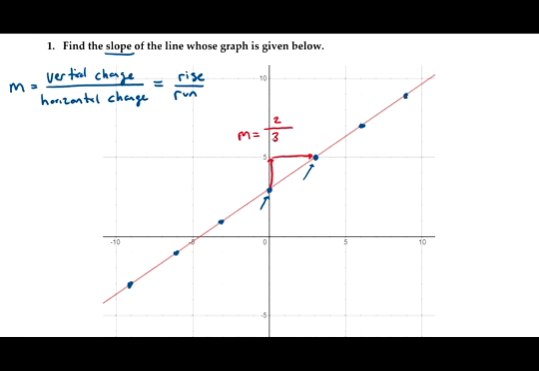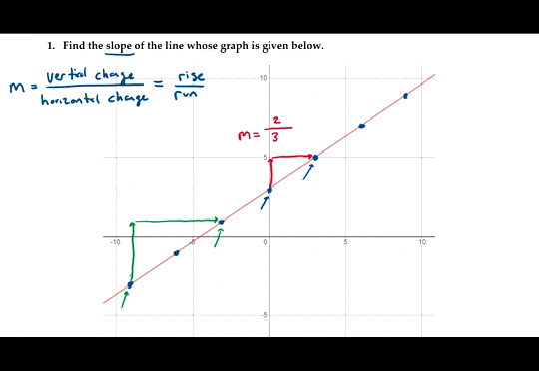Now, like I said, it doesn't matter which 2 points you use. Let's say we look at this point and this point. How do I get from here to here? Well, we have to go up, and we have to go over.